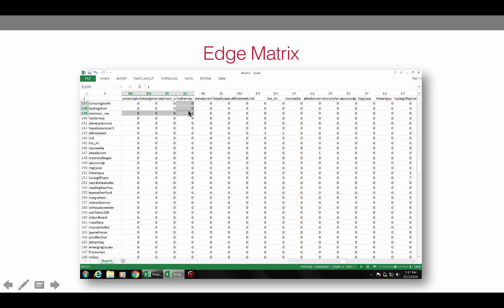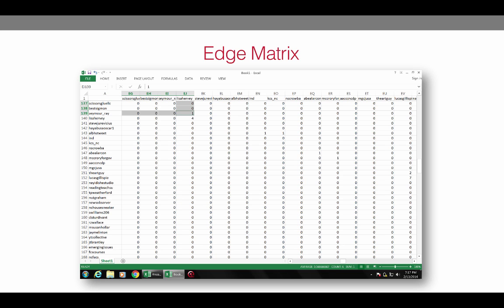What's unique about this one, too, is that this is a directed network, so the relationship can go two ways. In this case, Seymour has mentioned or replied to Lisa Hervey once, and if Lisa Hervey had mentioned or replied to Seymour Ray, Lisa Hervey would be down here in this row, and we would see an indicator of that in the matrix for Seymour Ray over here. So this is a directed network because you can mention someone and they might never mention you. You could follow someone and they might never follow you.